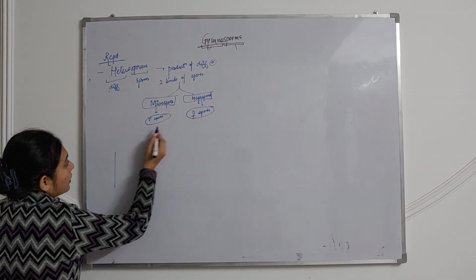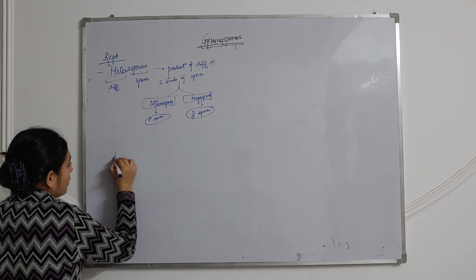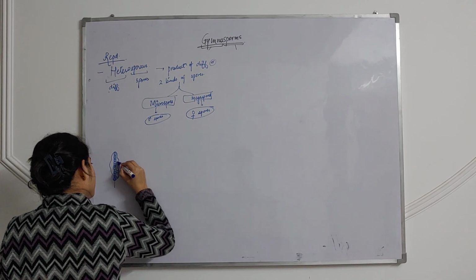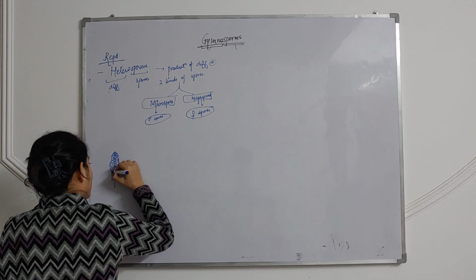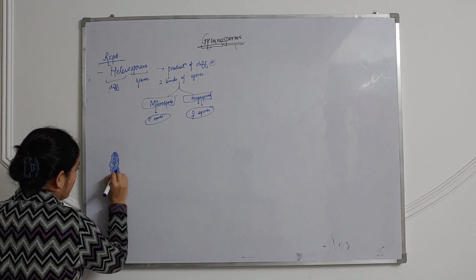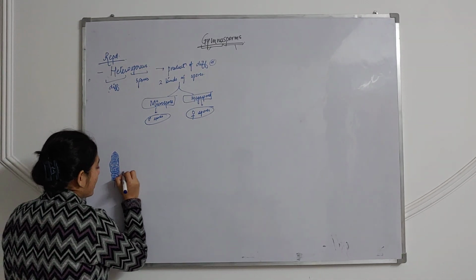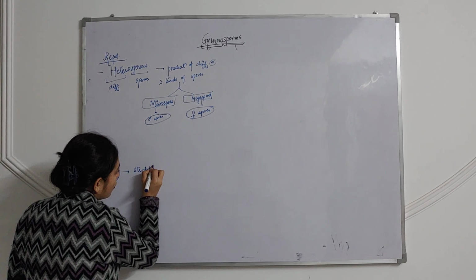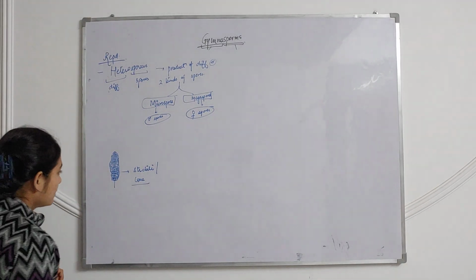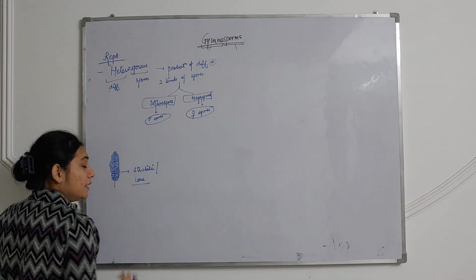This compact structure where spores are produced is called strobili or cone, which is arranged spirally on the axis and bears spores.